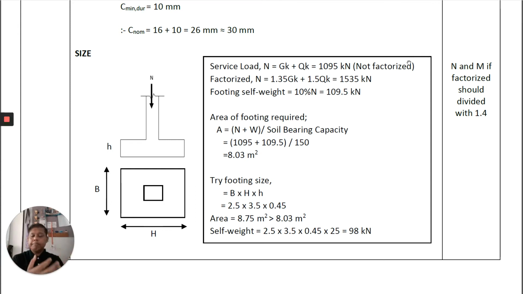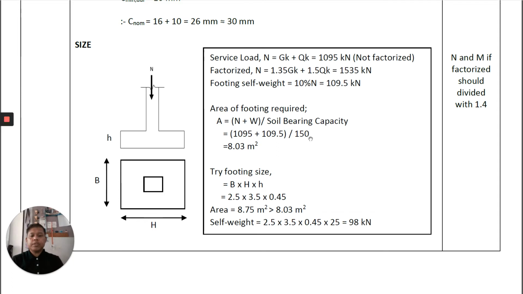For example, it gives N equal to 1500 kilonewton, which means you have to divide this N value by 1.4. 1.4 is the average of the factor of safety, which is 1.35 plus 1.5 divided by 2, almost 1.4.